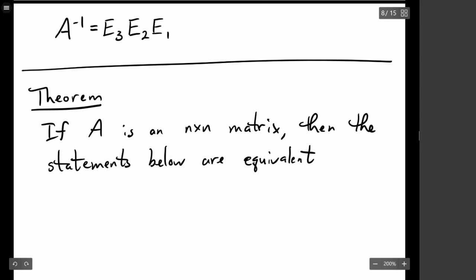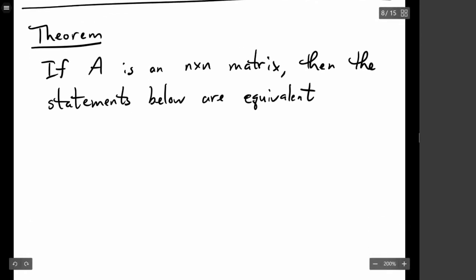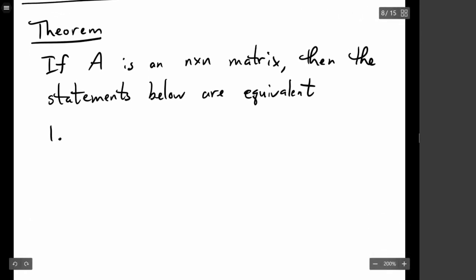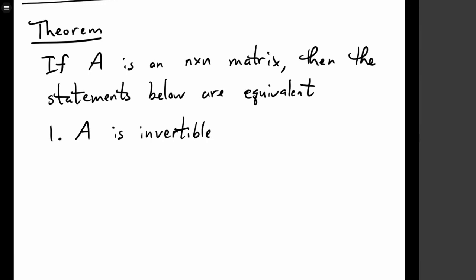We're actually going to add 2 more conditions to this later on. But the first one is A is invertible. What this theorem tells us is what sorts of things are equivalent to being invertible.